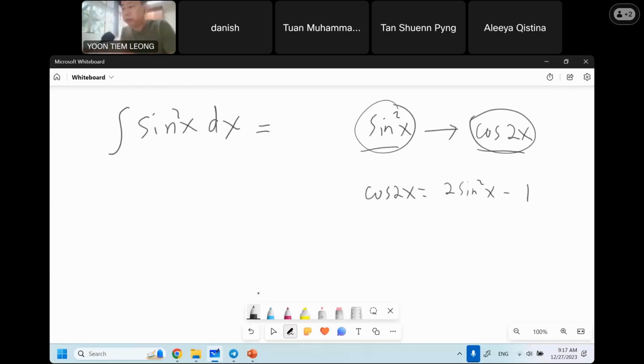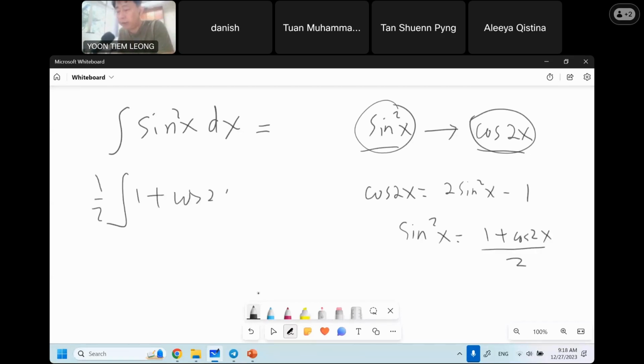So instead of integrating sine square x, you express sine square x as 1 minus cos 2x over 2, so you have a factor of 1/2 times 1 minus cos 2x. Okay, that is just a simplification using the identity.